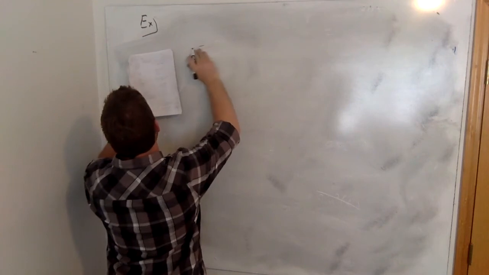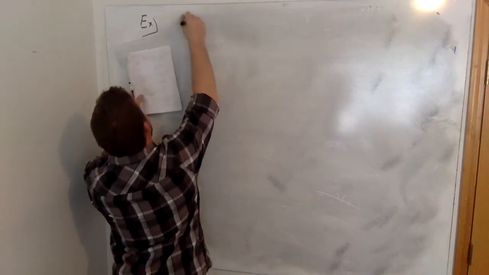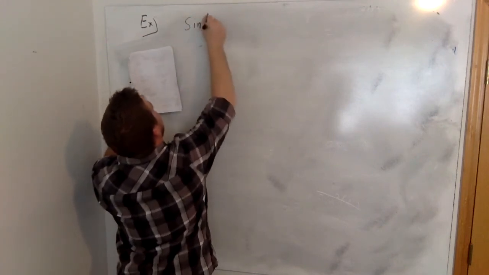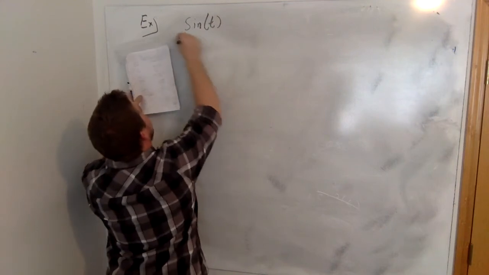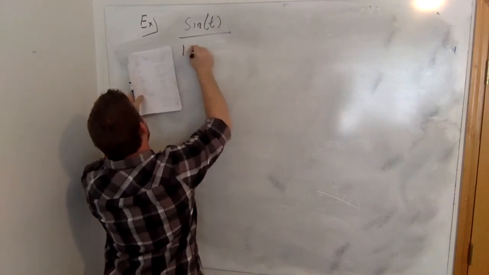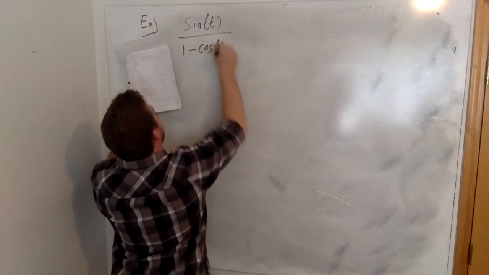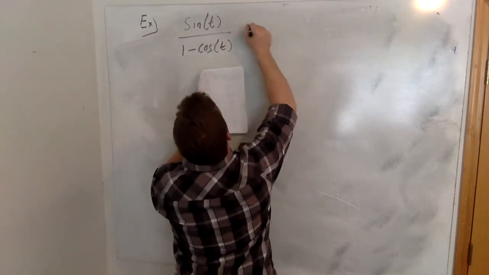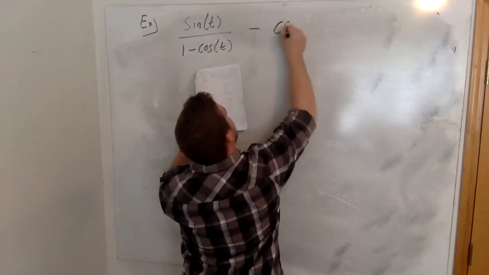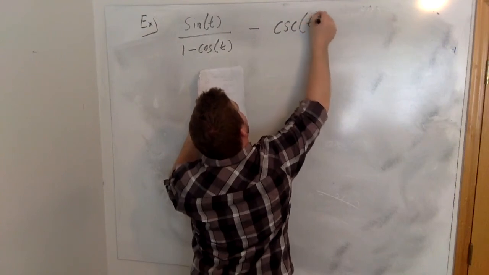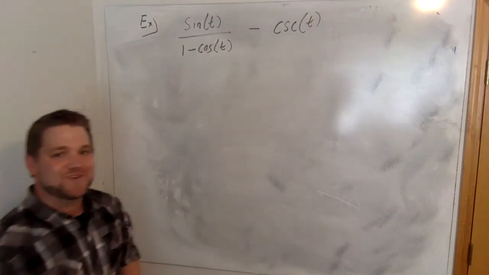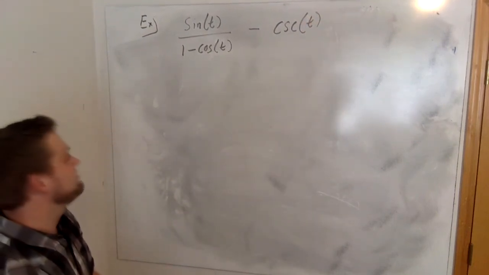My notes say we have a sine of t all over 1 minus cosine of t, how about minus a cosecant of t. Go ahead, pause the video, give it a shot at cleaning this one up.